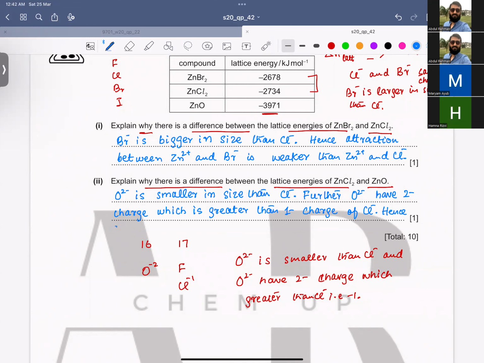Hence, stronger attraction between zinc 2 positive and O2 negative as compared to zinc 2 positive and Cl negative ion. Is this understandable?